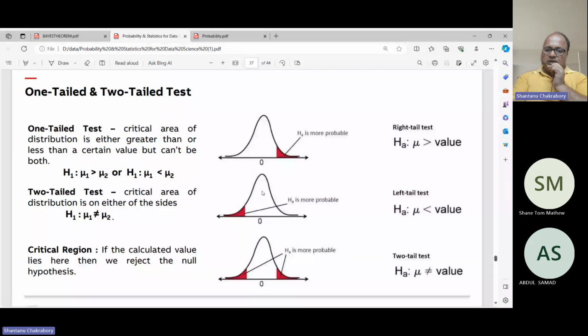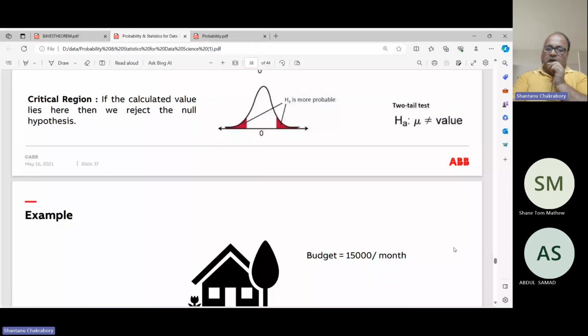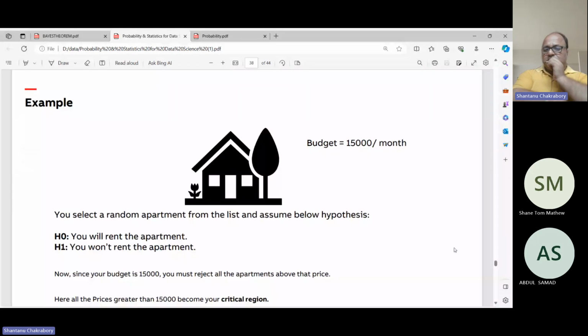What is important here is this example of whether your null hypothesis will be accepted or rejected. Suppose you want to rent an apartment. Your budget is $15,000 per month. If the rent is within $15,000 per month, then you go ahead and rent the apartment. That is your null. Alternatively, you won't rent an apartment if it exceeds your budget.